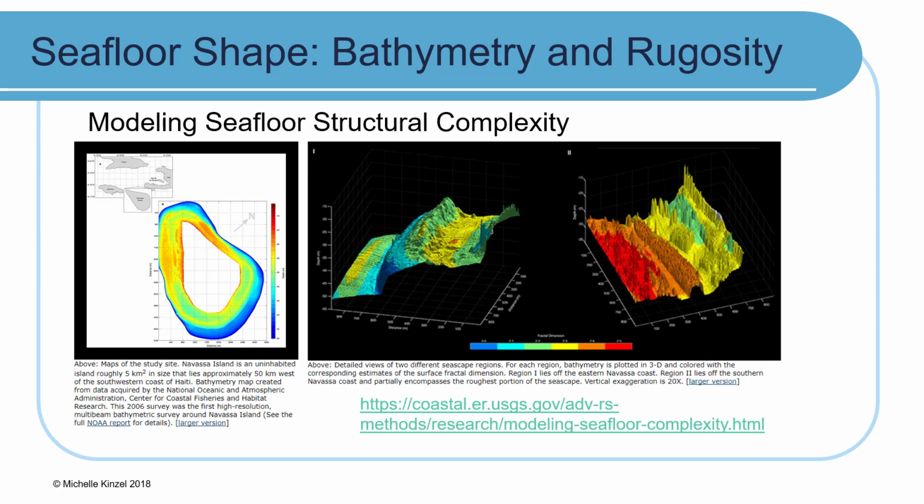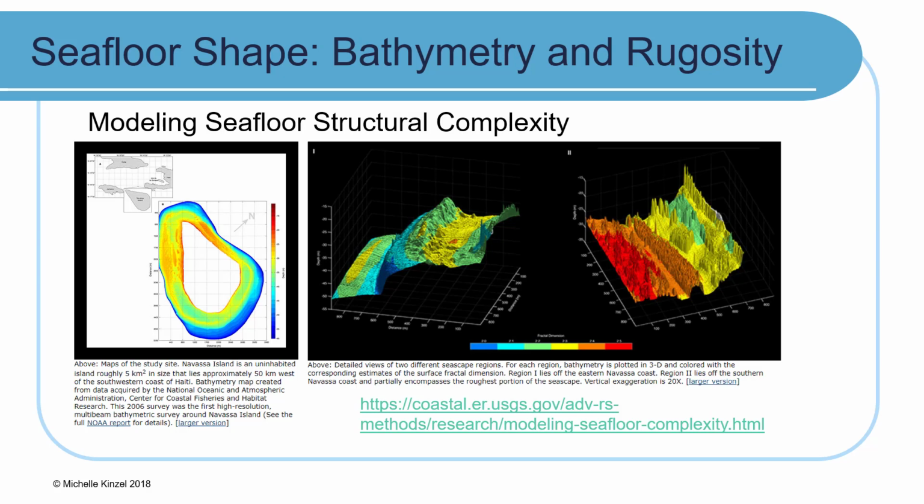Seafloor shape. So when we talk about bathymetry, that has to refer to the depth in the ocean, and then rugosity is a measure of complexity. And so on the left is a map of Navassa Island, and this is off of the coast of Haiti, and this is a bathymetric map that was created by NOAA and the Center for Coastal Fisheries and Habitat Research.